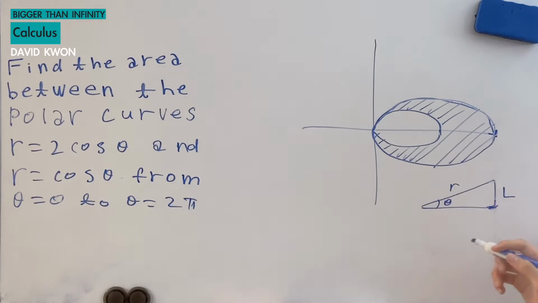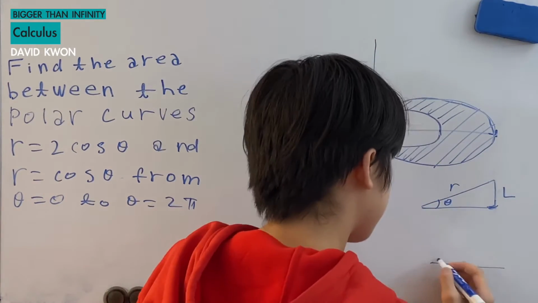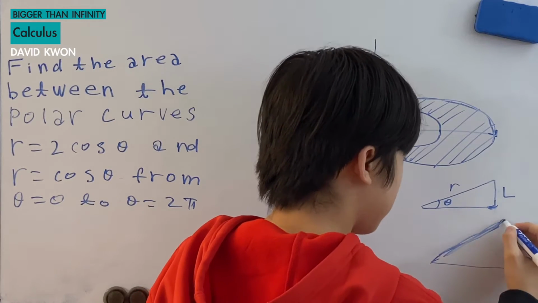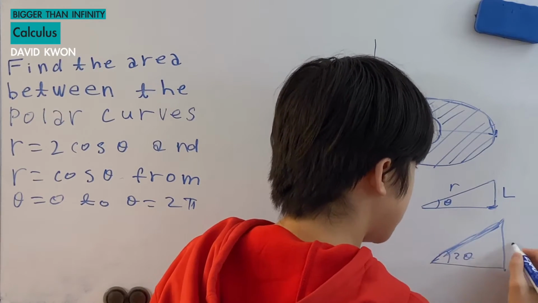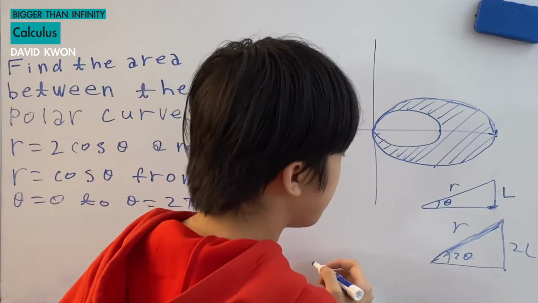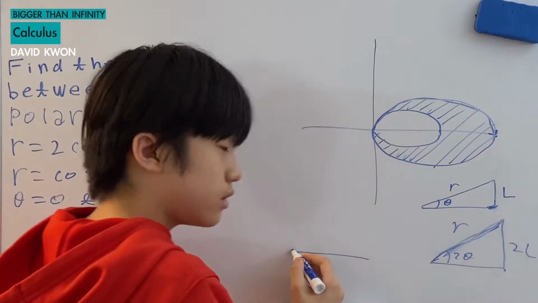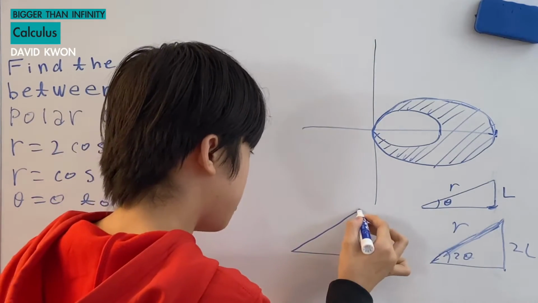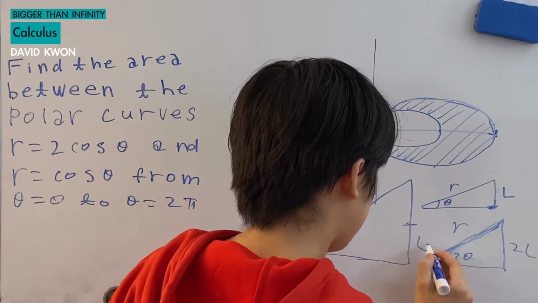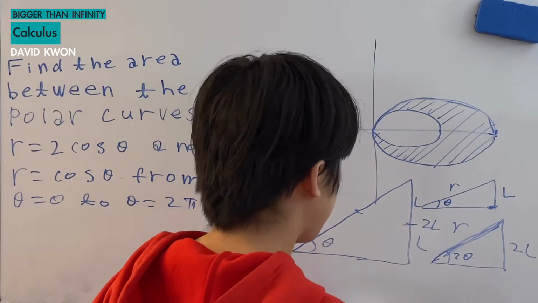Let's say the theta is now 2 theta, which means the length is now 2L. It's the same with the radius: we have another r, this is the L and this is the L, so it turned into 2L with the same angle theta.